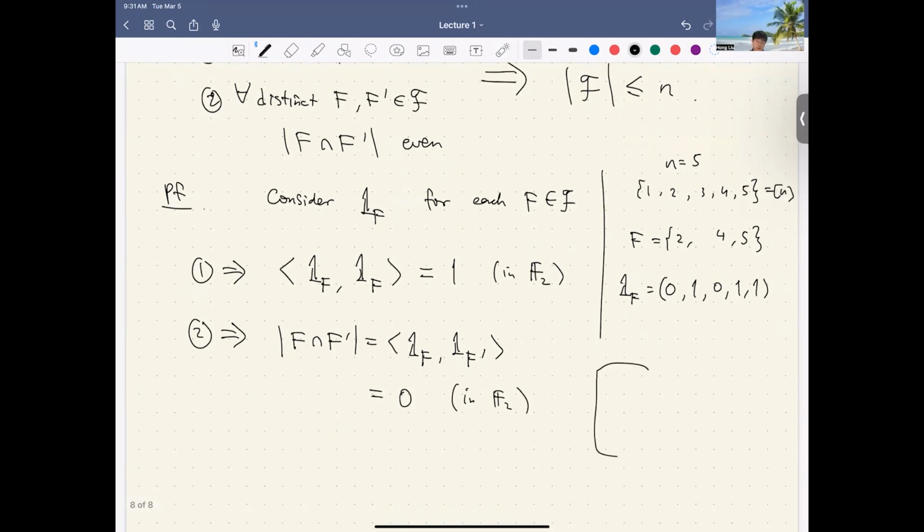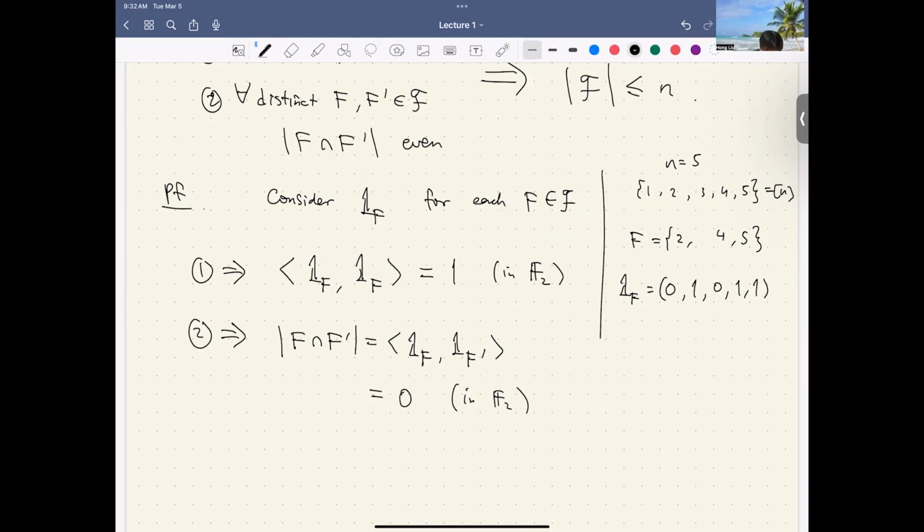If it helps, you can think of it as a matrix, right? You have F, F', F, F', dot, dot, dot. This is the matrix, elements in your F. If you take their inner product, you only have ones on the diagonal. Maybe this is not very helpful. Forget about this. So anyway, for every set in F, we have a vector. And these vectors form an orthonormal basis of F2 to the n.